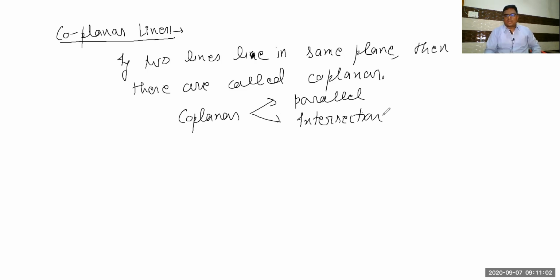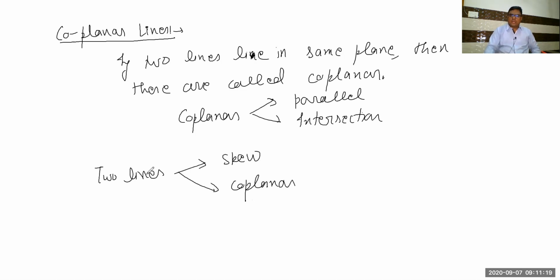Sometime I told you that if we have two lines, then the two lines are either skew or coplanar. If two lines are skew, then those lines will not be coplanar, and if two lines are coplanar, then those lines will not be skew. And if the lines are coplanar, then they are further divided into categories: parallel and intersecting.